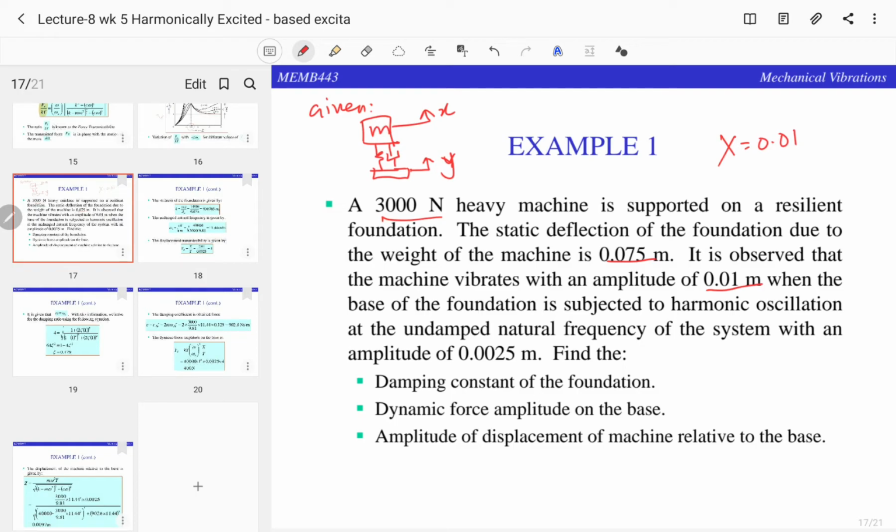So you have your capital Y equal to 0.0025 meter. What you want to find is the damping constant of the foundation, which is C, the force amplitude on the base, which is Ft, what is transmitted, and the amplitude of displacement of the machine relative to the base, which is your Z.